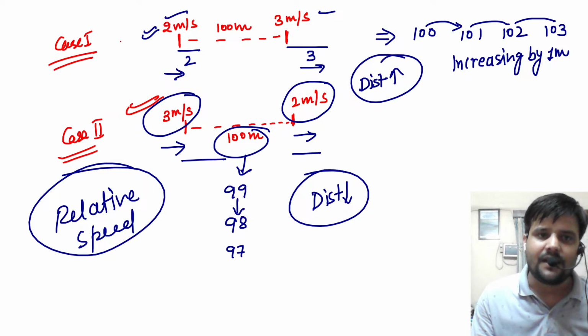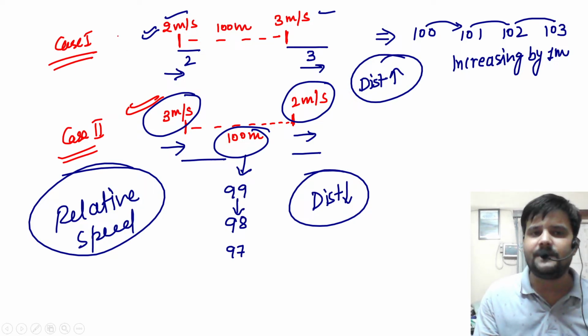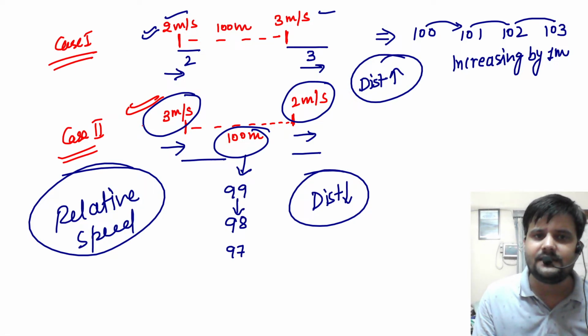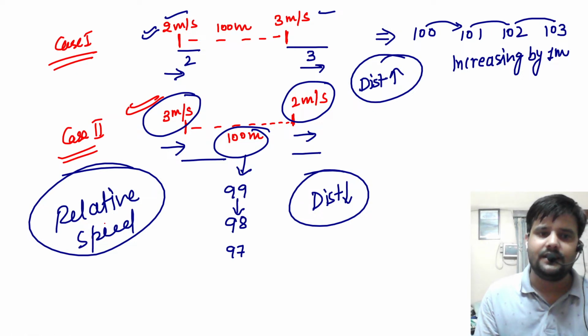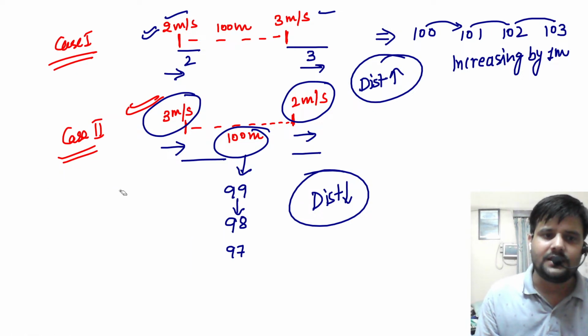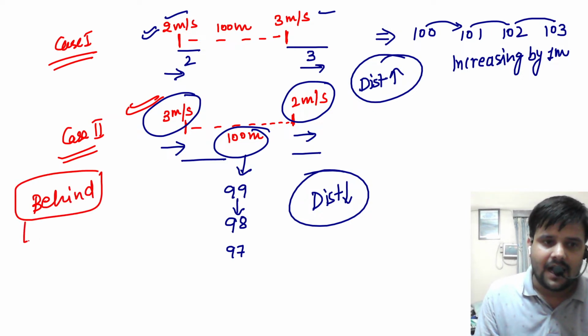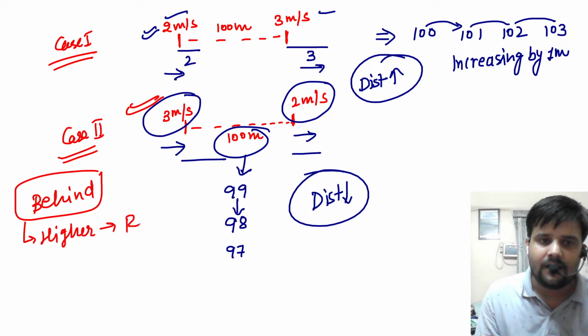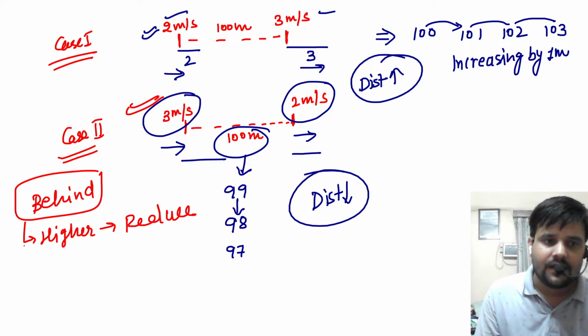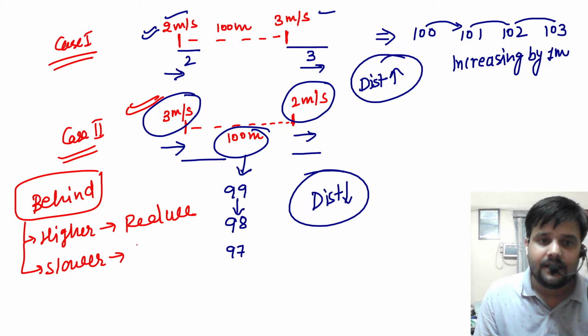If the person coming from behind has a lower speed, it means your distance will increase. So you have to focus on the person behind. If the higher speed person is behind, the distance will reduce. If the slower person is behind, the distance will be increasing.